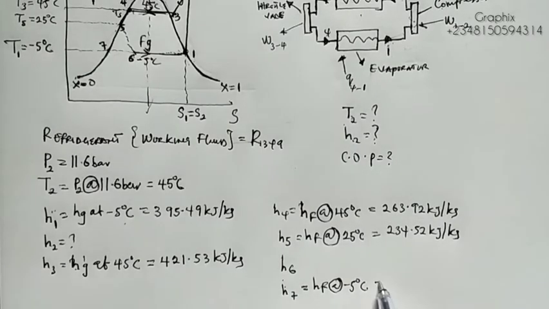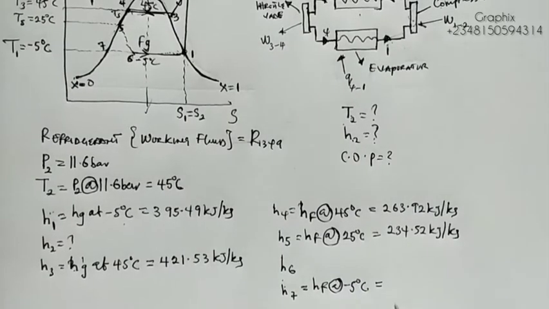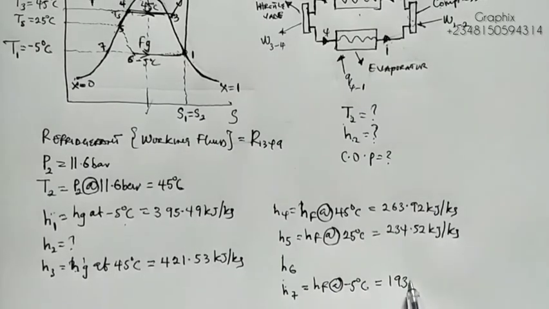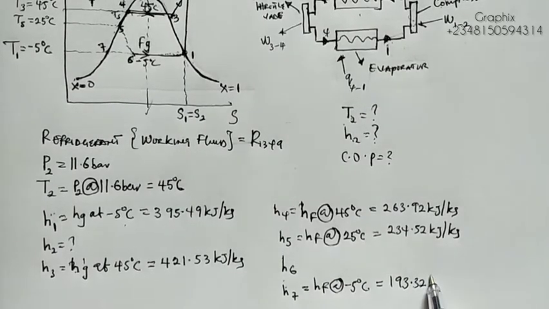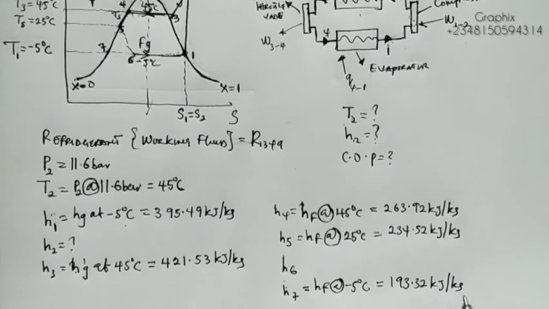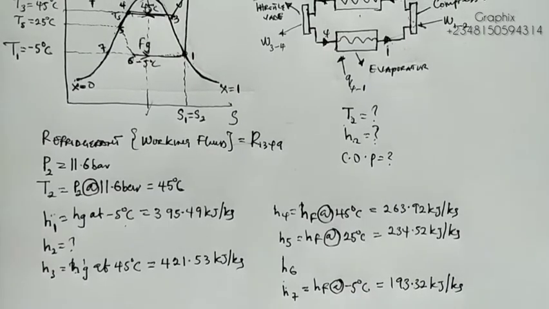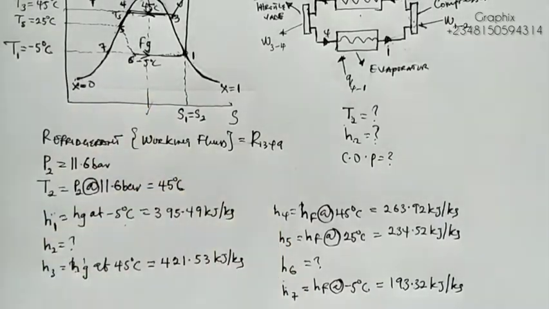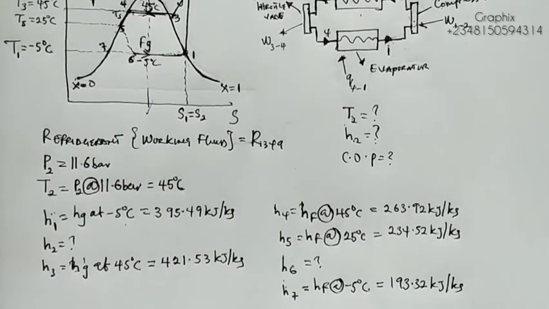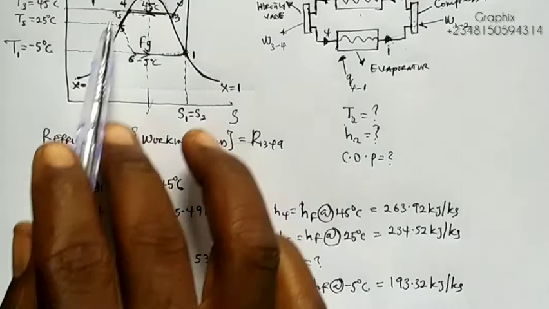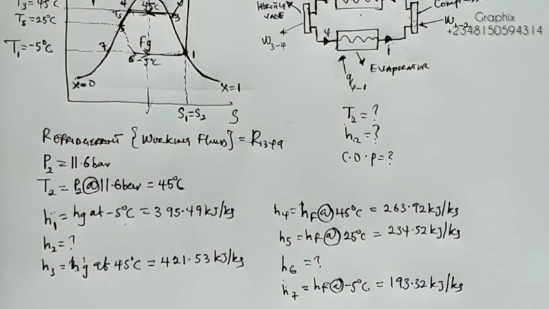So we'll be having 193.32 kilojoule per kilogram. Now, I haven't solved H6. We can't look for H6 because it's not falling on the saturated line here. So we'll now move forward.